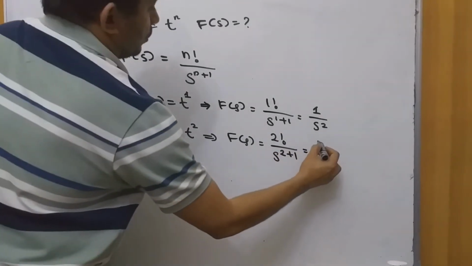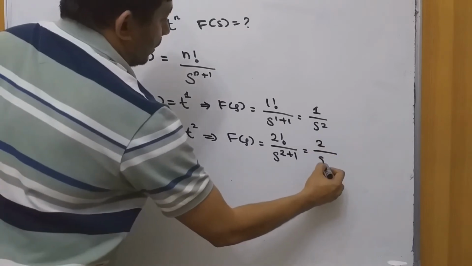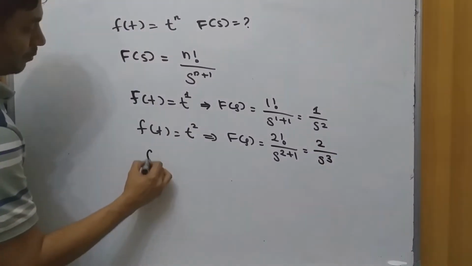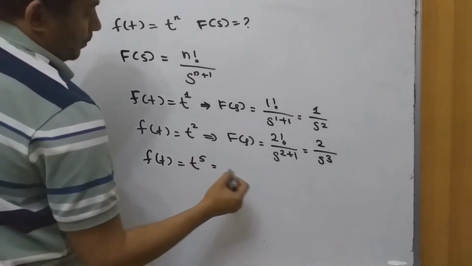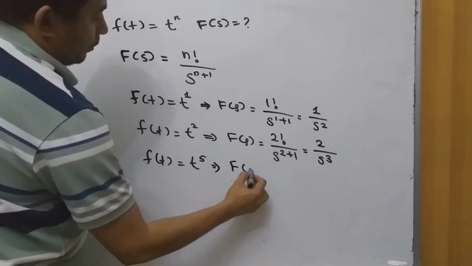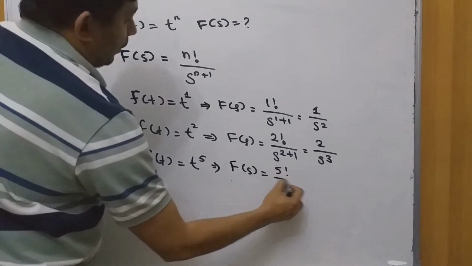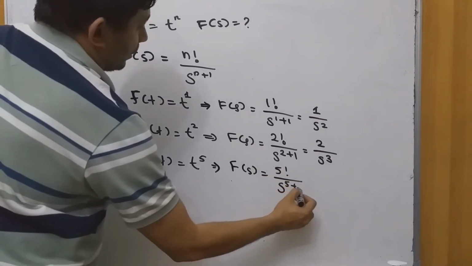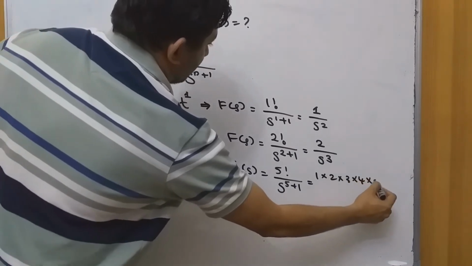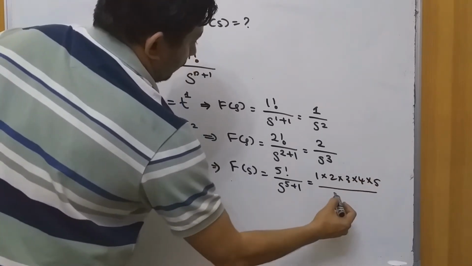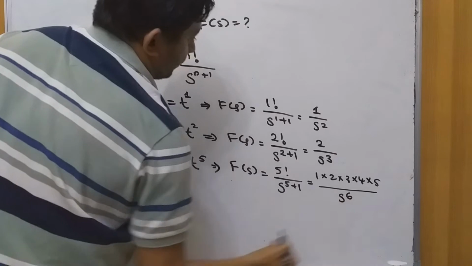That will give you 2 factorial, which is 2, divided by s cube. In the same manner, if it is t raised to 5, then f of s is given by 5 factorial divided by s raised to 5 plus 1. 5 factorial is nothing but 1 times 2 times 3 times 4 times 5, divided by s raised to 6.